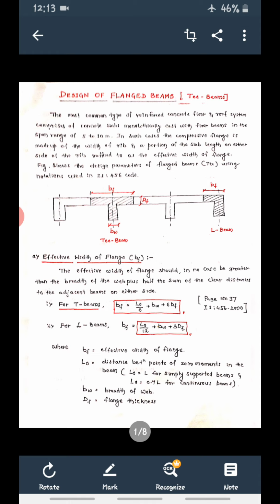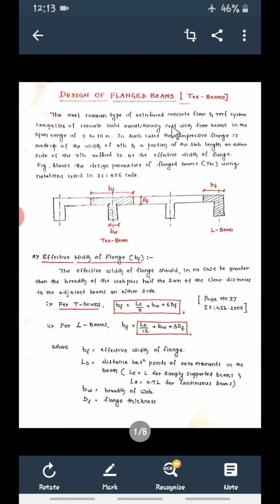Today, we are going to start with another design, that is design of flanged beams, nothing but T beams or L beams. In the analysis also, we have seen what is meant by flanged beams or T beams.